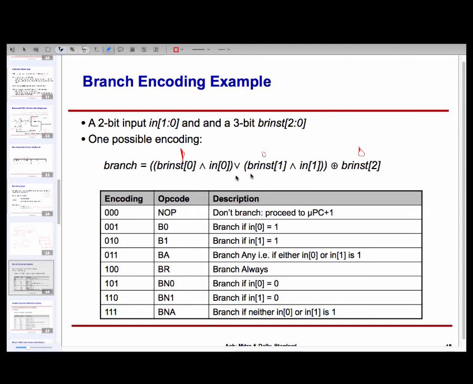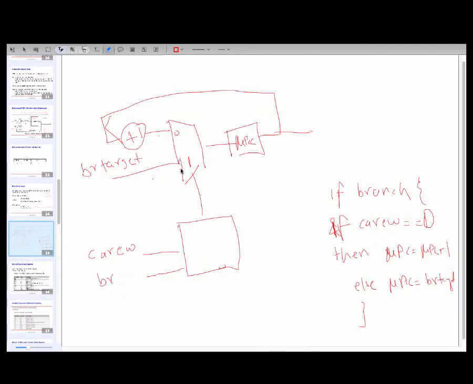So this term is 0, so that OR 0 disappears. This guy is 1, so this is in 0. So it's in 0 XOR 0, which is in 0. So it's basically saying branch if in 0 is 1. Because if in 0 is 1, then in the multiplexer, the lower value would be selected. If in 0 is 0, it would be the upper value.